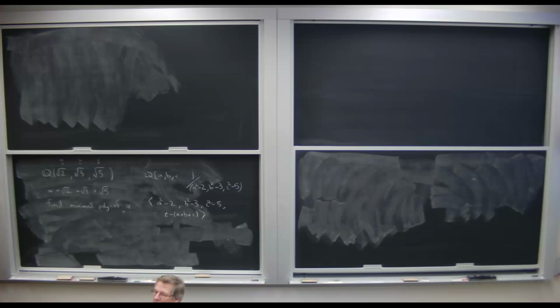So that's right. In fact, if I just give you any elements that are algebraic over Q, and I give you their minimal relations, and I do this process, it'll find me the minimal polynomial of the sum. That's part of why I gave this problem.